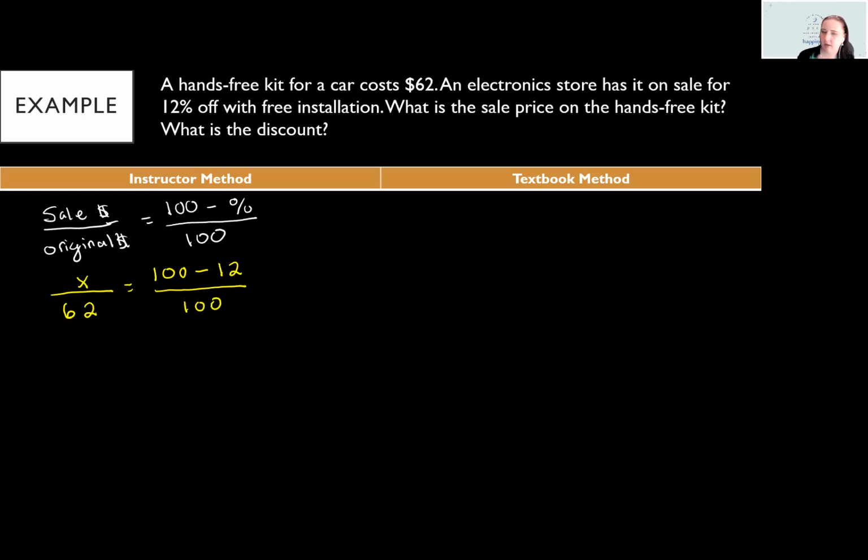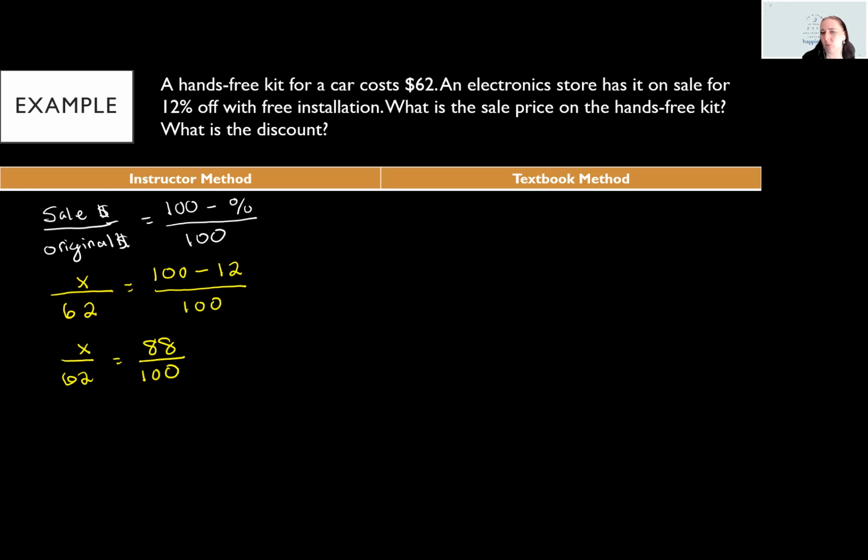This is where it gets a little weird for people, because subtracting your percent usually gets to a point where it's no longer intuitive. So we end up with X over 62 equals 88 over 100. And you might think, where does that 88 come from? If you have 100% of something and you're removing 12%, then you have 88% remaining.